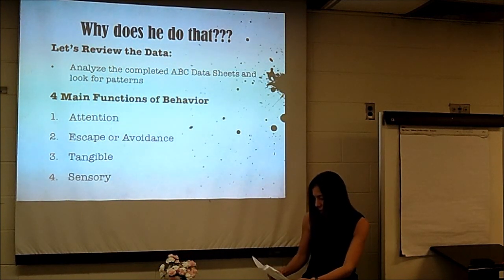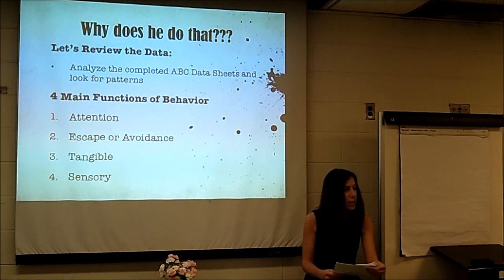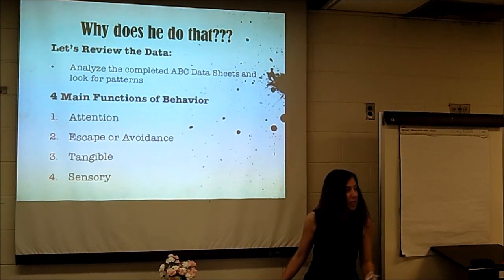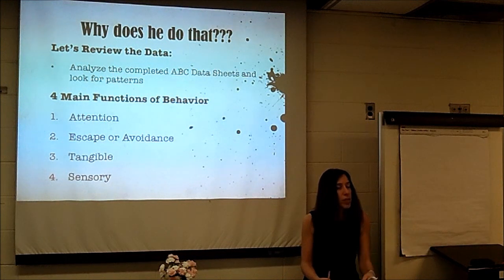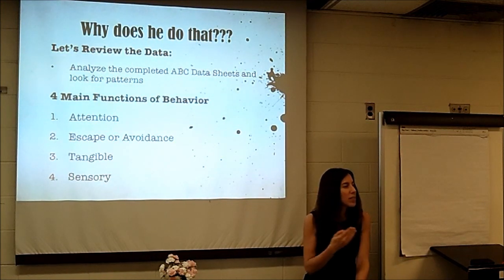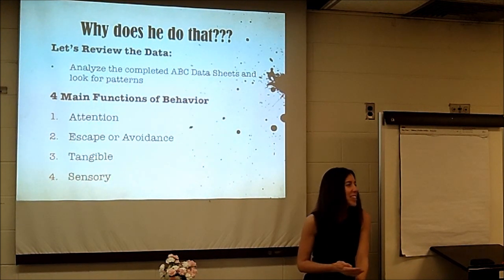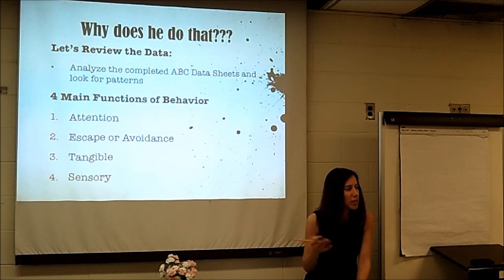So now we're back to our question. Why does he do that? So we reviewed the data of our sheets, potentially, and then that leads us to, there's 4 main functions of behavior. And these are general categories that apply to everyone's behavior. Any living organism responds under these same contingencies, and so when you're trying to figure out what your husband's doing, or your son, or your daughter, your coworker, you can use this on anybody.